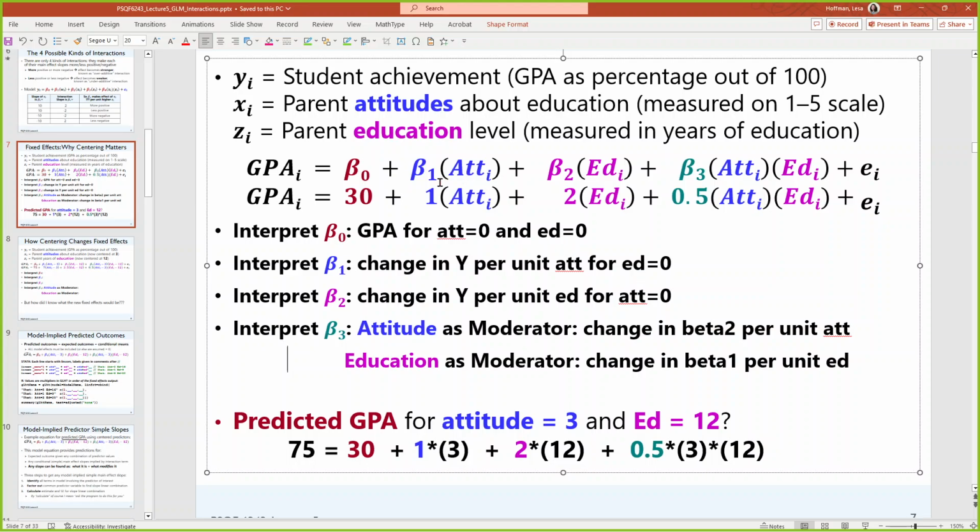If you get this result and you're like, oh, that slope's non-significant, I guess attitudes don't matter. No, attitudes don't matter in people who never went to school, but the model says they're going to start mattering as education increases. So it's very tempting to look at these slopes and think that's the story of this variable, but it's not. For that reason, I find it dissatisfying, because you're more likely to miss the interpretation.